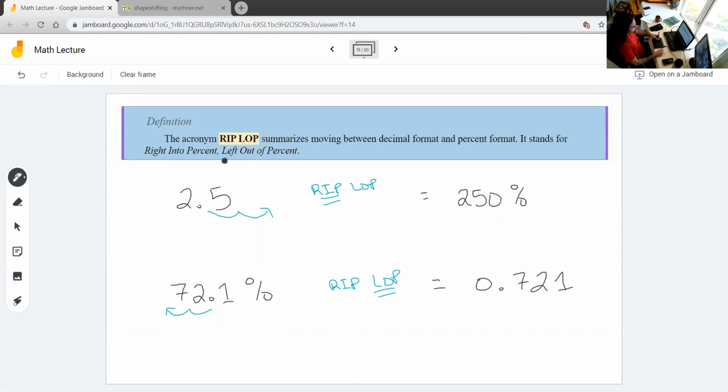And I'm just going to say, let's RipLop this when I'm doing this in a problem, and you now know what I'm talking about. And as I mentioned before, one reason this is important is whenever we see a percent and want to put it in our calculator, we'll do RipLop instead of using the percent key.